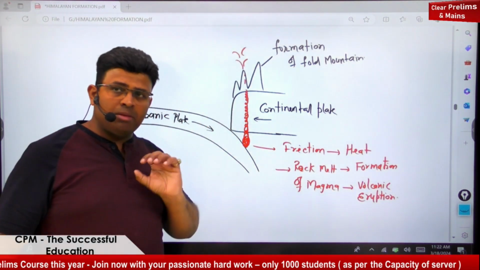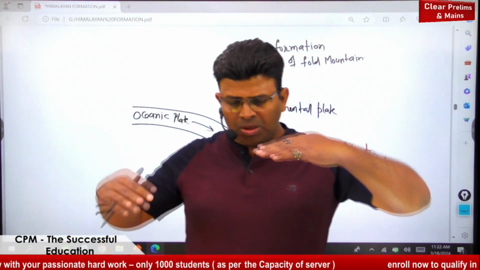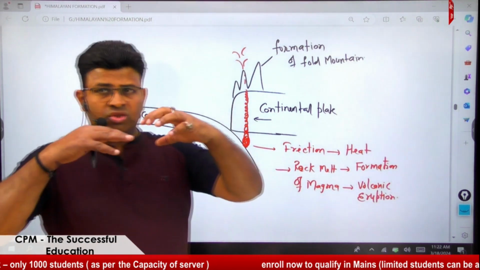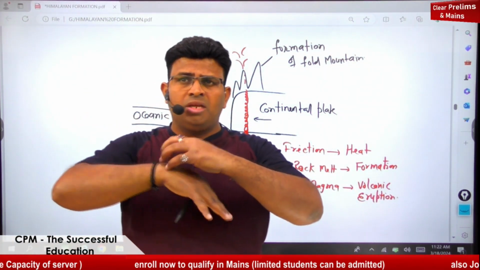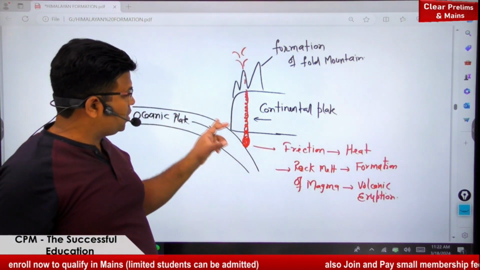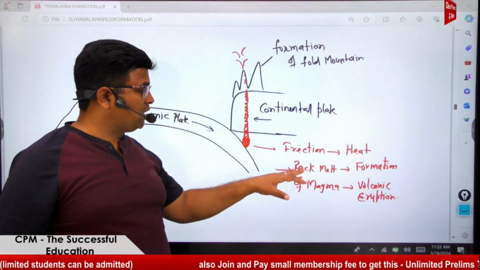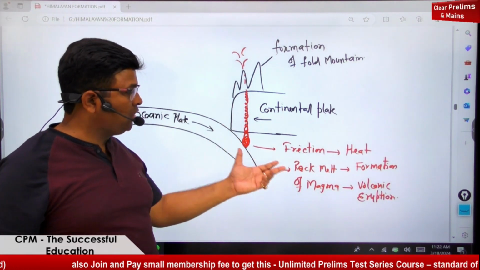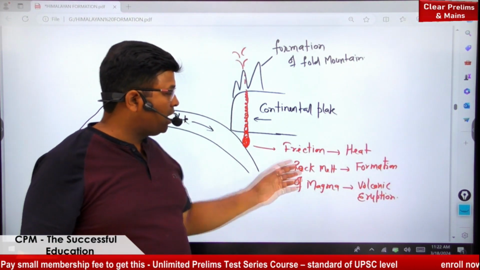At the same time, there is another important point we have to understand. I said that plates are converging and one is going downward. So what happened? Lots of friction takes place along this zone, and because of the friction, heat will generate, and this heat will make the rock melt, and molten rock is known as magma.